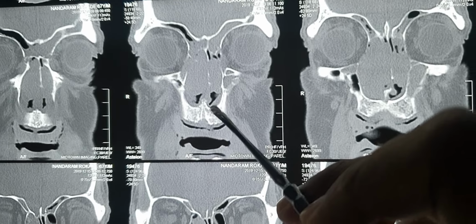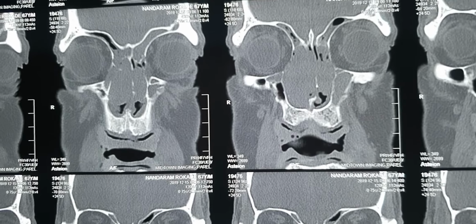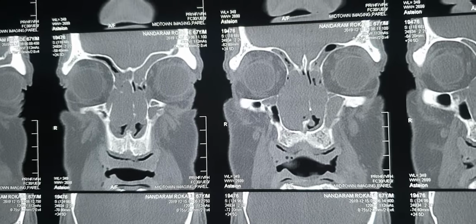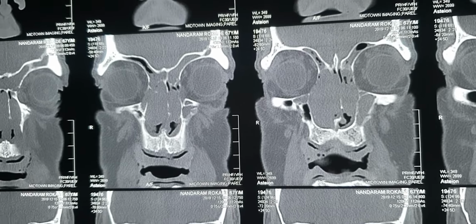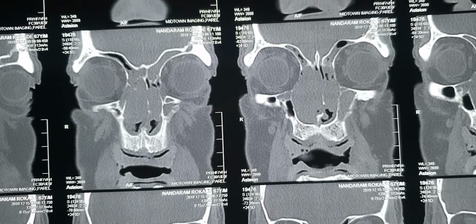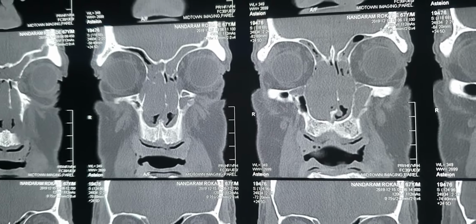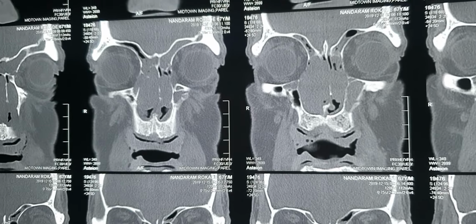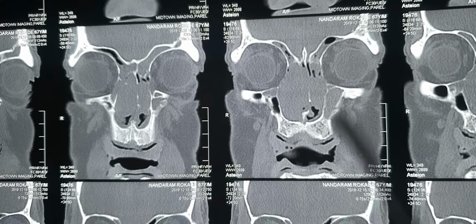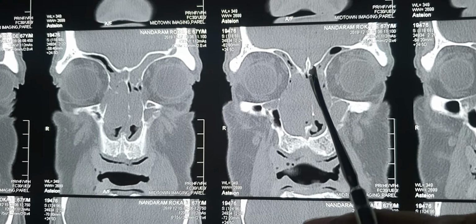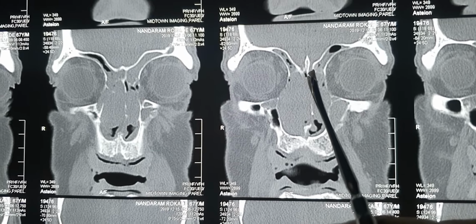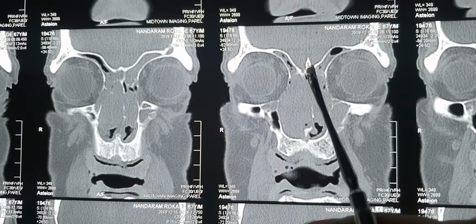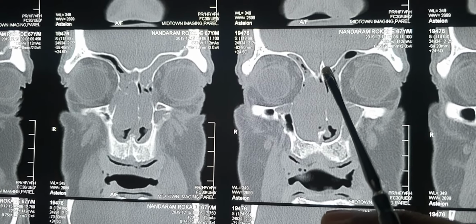Now, as you keep on going posteriorly, you never leave your bony landmarks. Once you follow the bony landmark, it becomes very easy for you to identify all the structures within reach. So, here you can see the level of the cribriform plate. That is the Crista Galli I'm showing you right now. Now, what is Crista Galli?